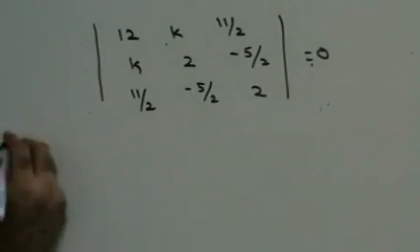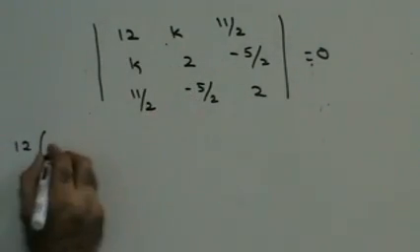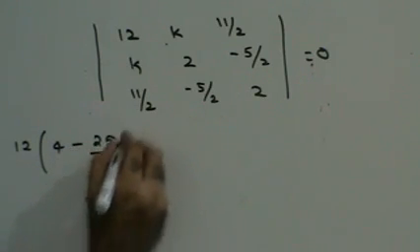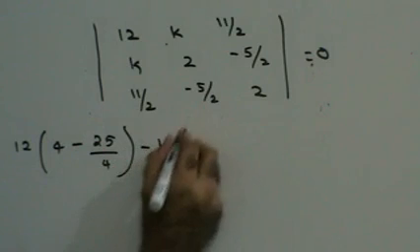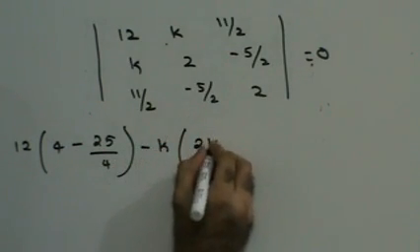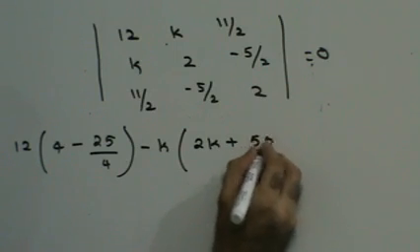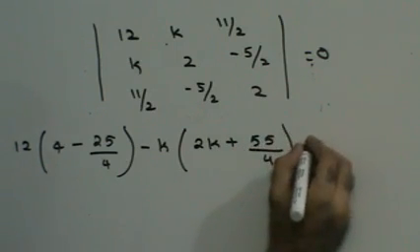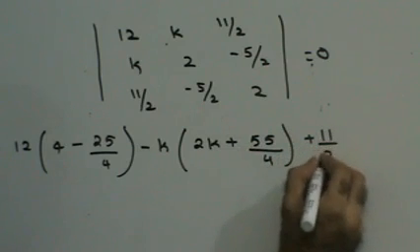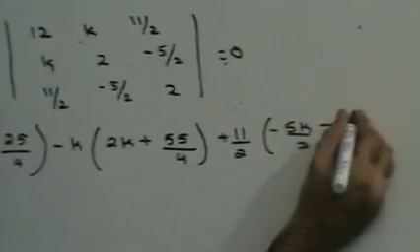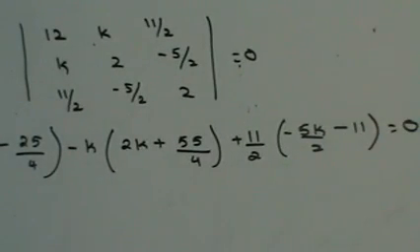Let's see this. This is 12, 2 to the 4 minus 25 upon 4 minus K. 2K minus into minus plus 11 5 are 55 upon 4 plus 11 by 2. This is minus 5K by 2 minus 11 should be equal to 0.